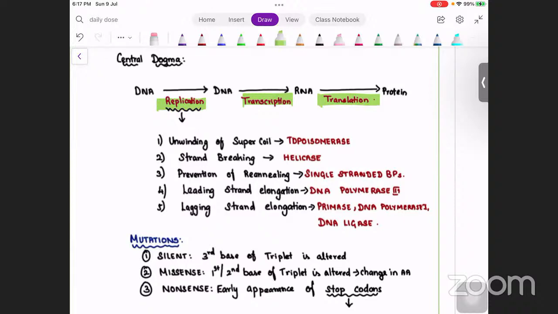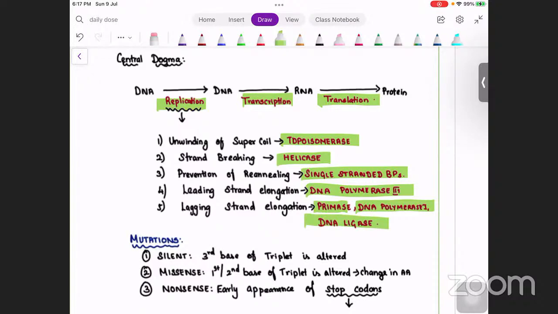Speaking about the synthesis of DNA from DNA, which is replication, the unwinding of supercoiling is done by topoisomerase, and the strand breaking is done by helicase, and the prevention of reannealing is done by single-stranded binding protein, and leading strand elongation is done by DNA polymerase, and lagging strand elongation is done by primase, DNA polymerase 1, and DNA ligase. So very, very important.